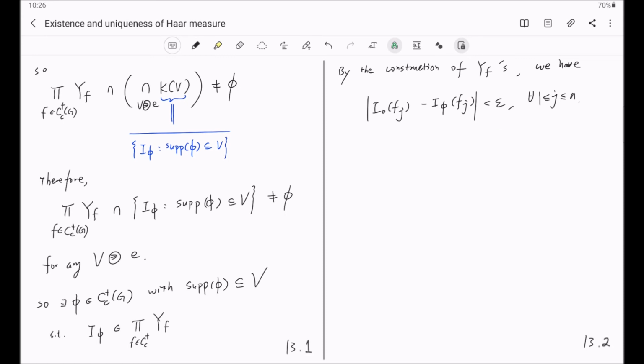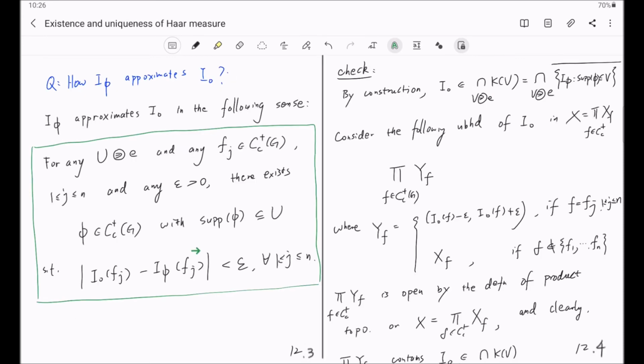And this verifies this approximation property of I sub phi towards I naught. The only difference is that we replace U with V, just a replacement of a notation, but that doesn't matter.